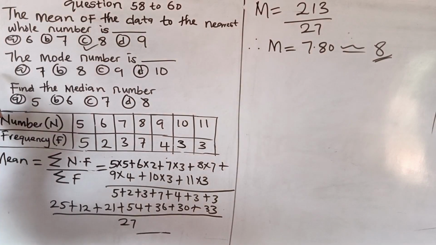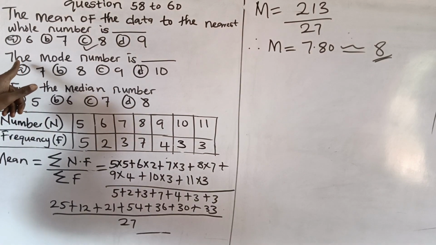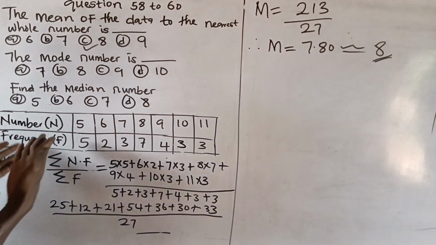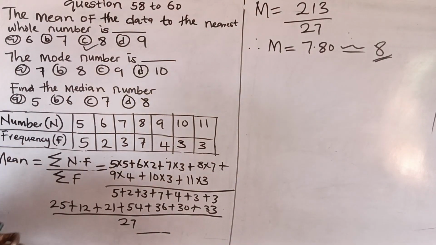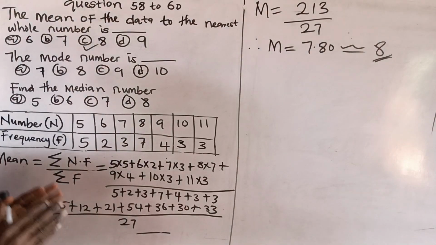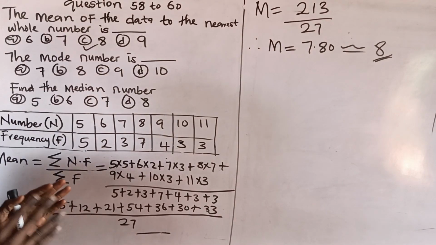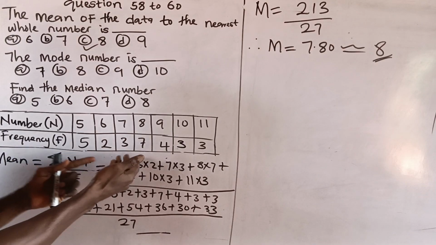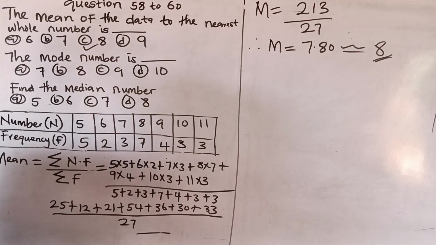Now let's check 59. 59 says we should find the mode. The mode number is dash. What is the mode number? Check the question. The mode number is the highest occurring number, that is the highest frequent number.